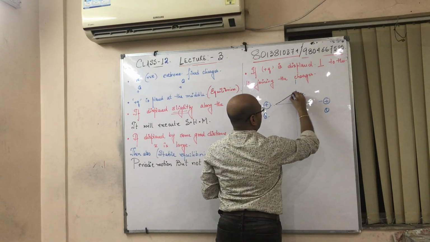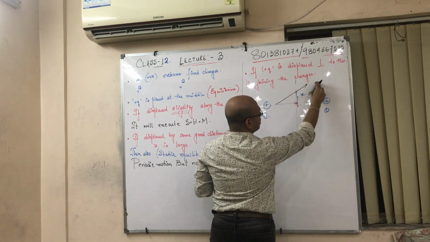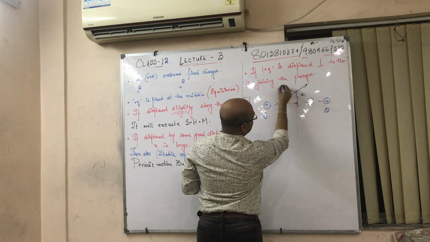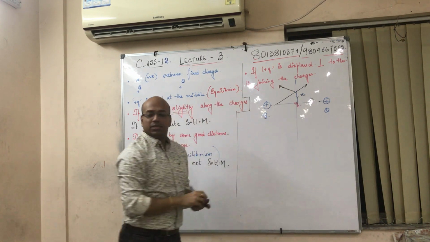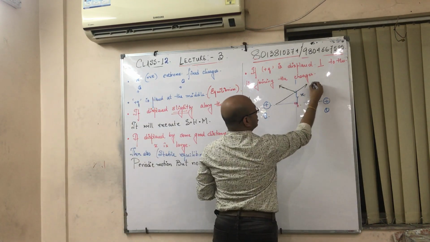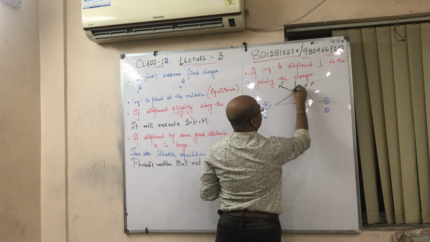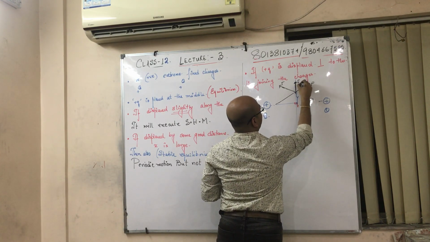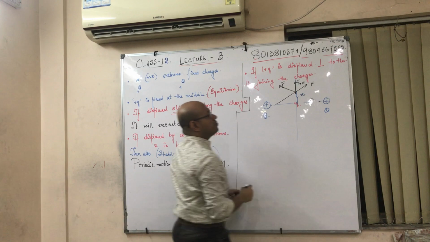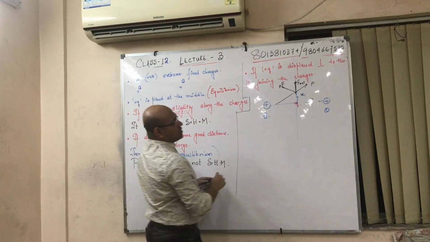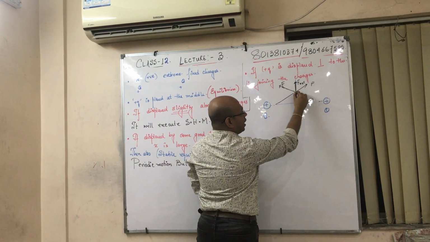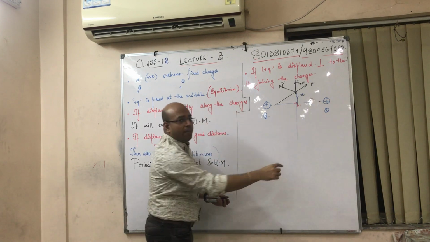then this will repel in this way, and this will repel in this way. They will repel with force F, and the net force F net will be something like this. Once it is displaced from this position, does it have the tendency to come back?